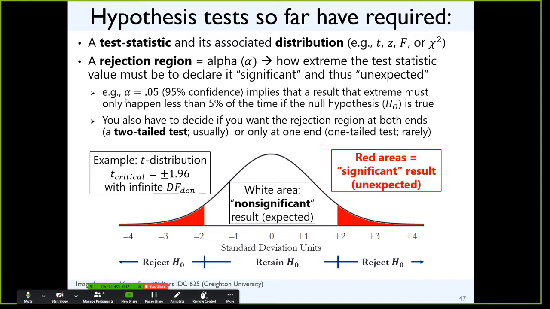So for instance, if I say alpha is 0.05, that means 5% of the time this result would happen if the null hypothesis were true, and 95% of the time is in the expected area here. So in two-tailed test land, we're willing to accept unexpected in either a positive direction or a negative direction. But the total area, the red part, would be 5%. 95% is in the middle here.